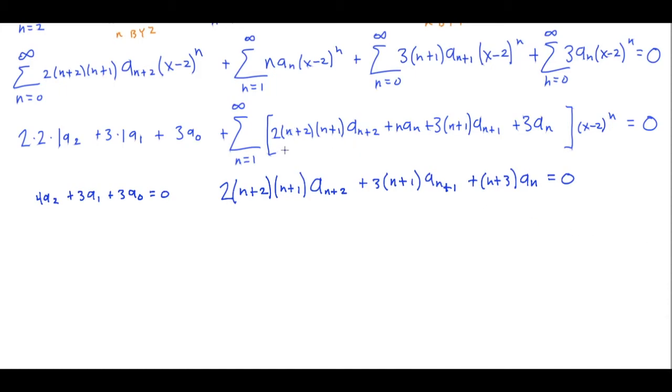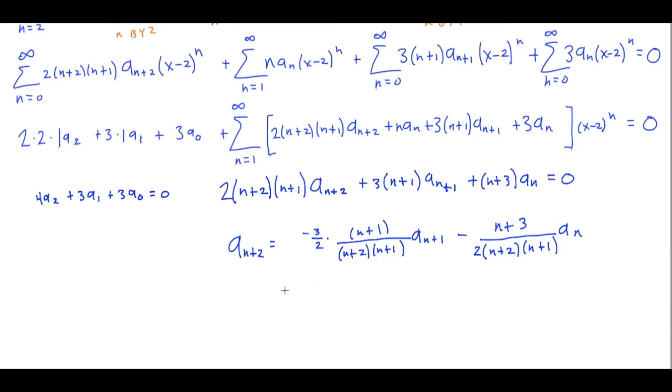So here I've set this coefficient expression equal to 0. I did in fact group these a sub n terms because those are like terms. Now let me solve this. What I typically do is I solve this equation for the highest term. In this case, that would be this n plus 2 term.